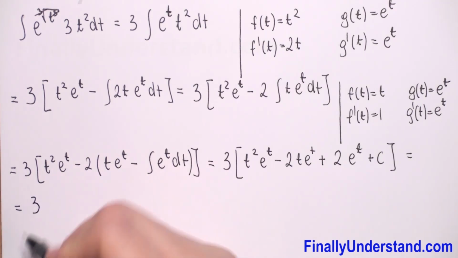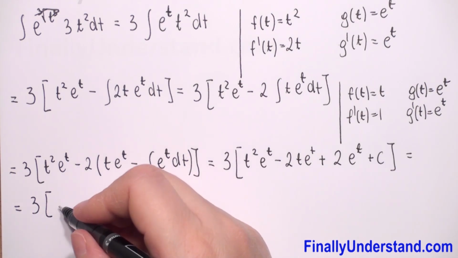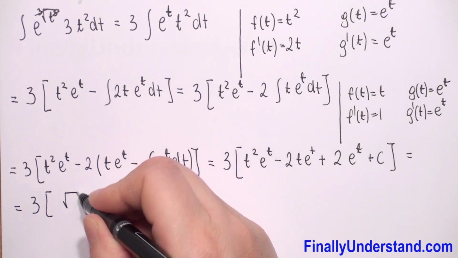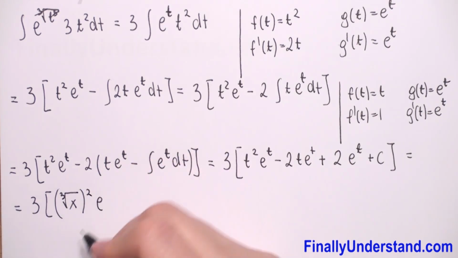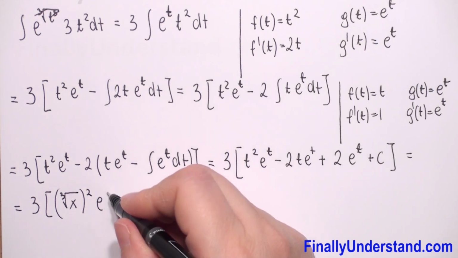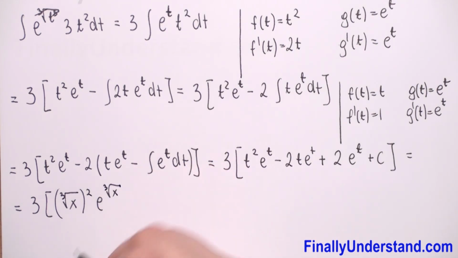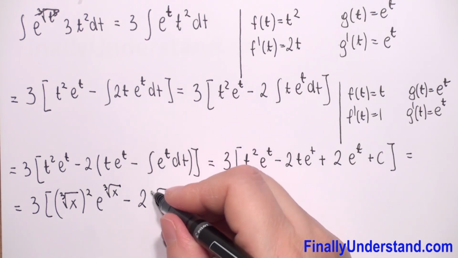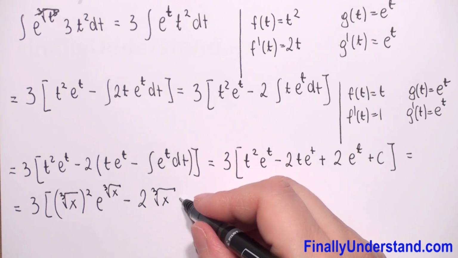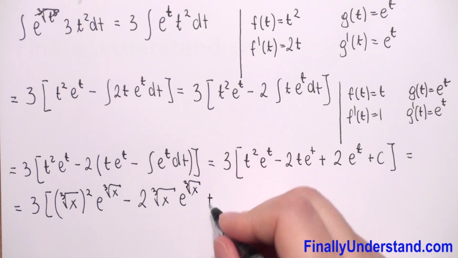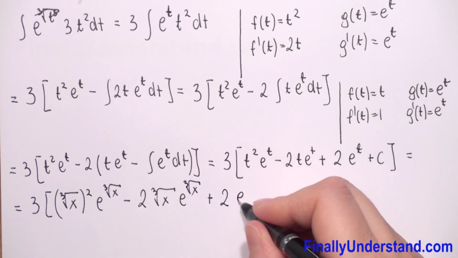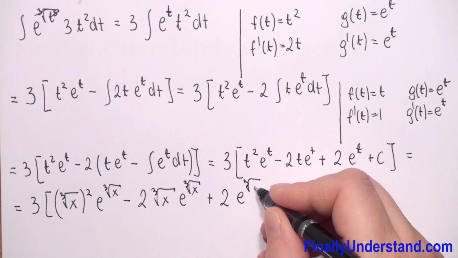So we have to copy 3, and we will have in brackets cube root of x to the second power times e to the power cube root of x minus 2 times cube root of x times e to the power cube root of x plus 2 times e to the power cube root of x.